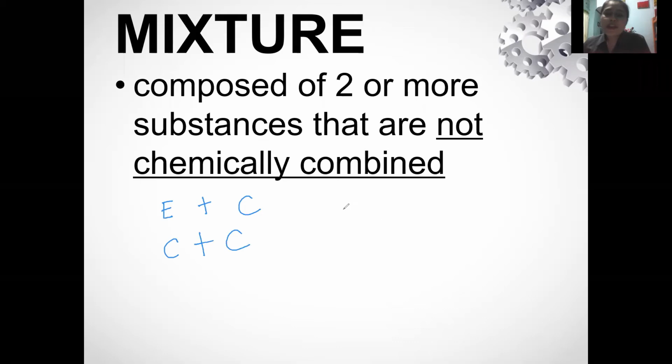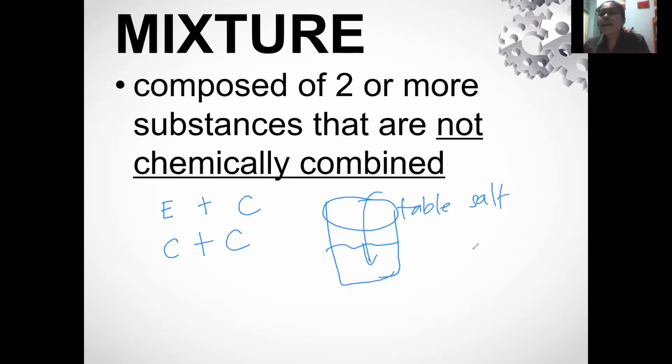mixture. So one example of a mixture is when you dissolve, for example, you have a beaker and then you have water here and then you dissolve the table salt. The chemical name for the table salt is sodium chloride.